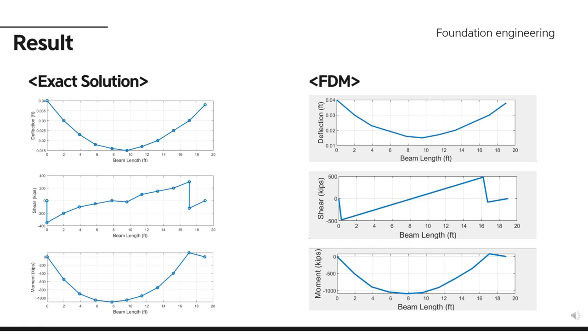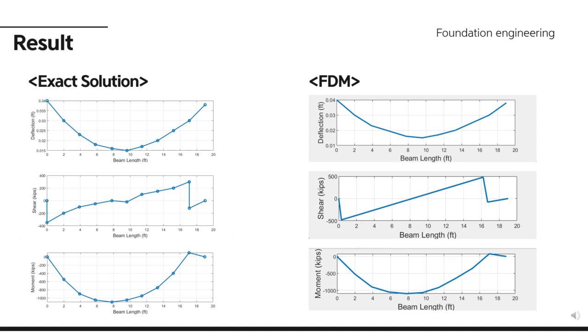However, FDM tends to slightly underestimate values. The shear graphs show that the exact method has a sharp discontinuity at the load point, consistent with the theory, while FDM approximates it more gradually.